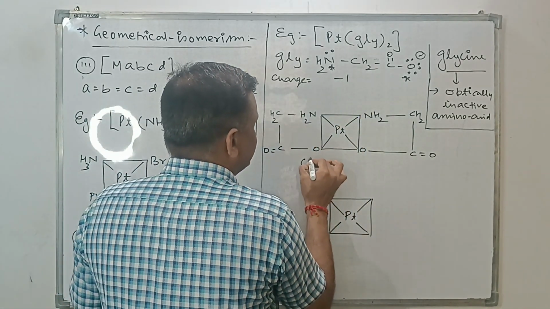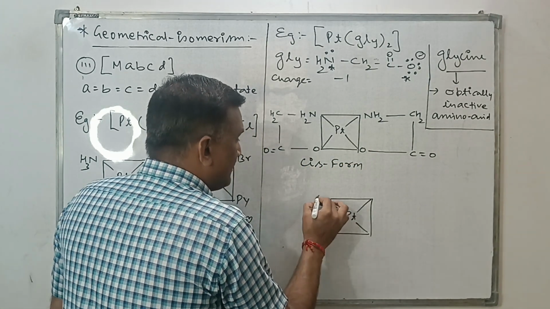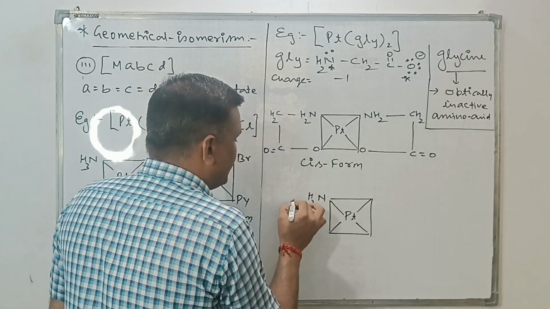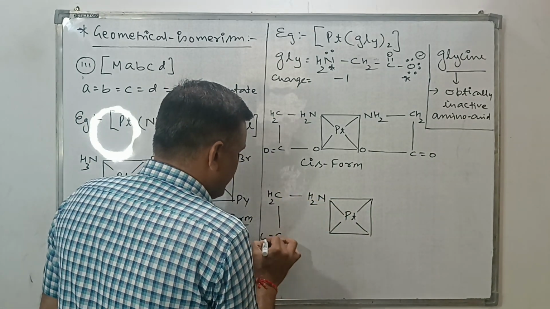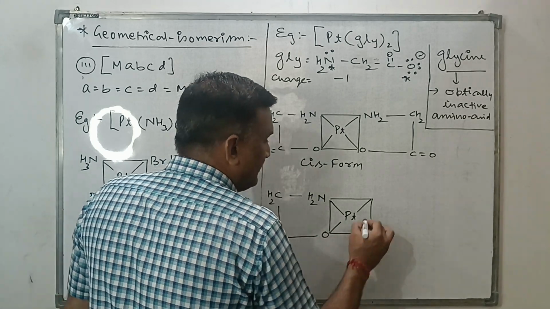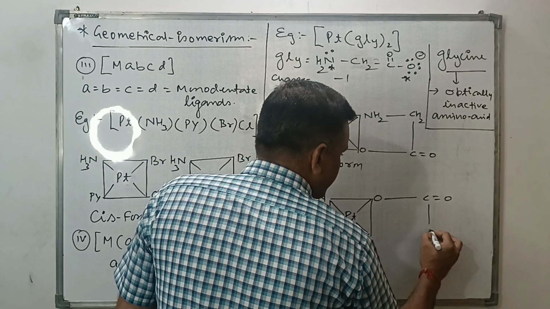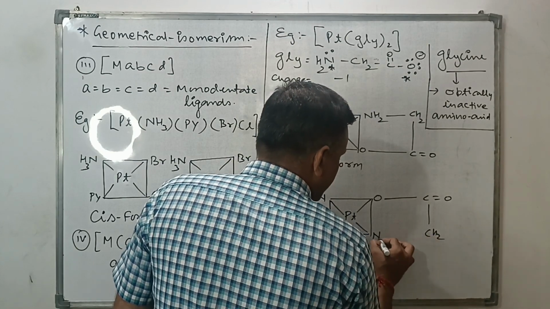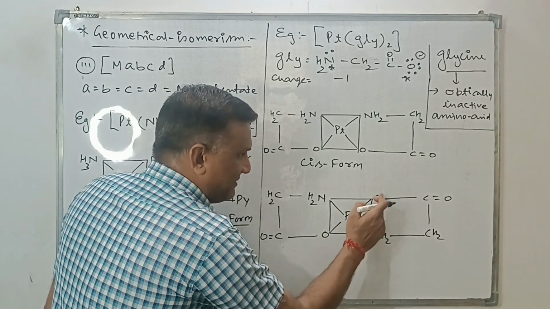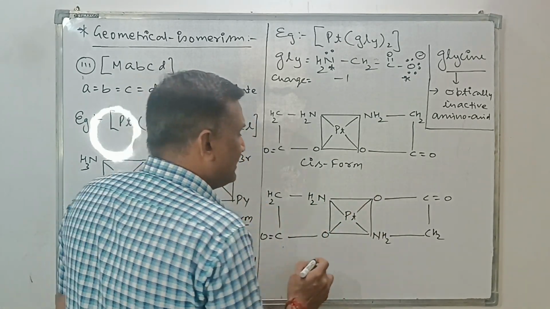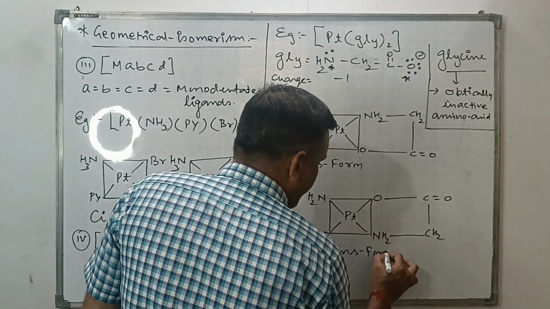So this is called the cis form. And if you go with the other, this is the NH2CH2CO, and this is the O. This is the O, CO, CH2, NH2. You can see the same donor atoms at the angle of 180 degree. So this is called the trans form.